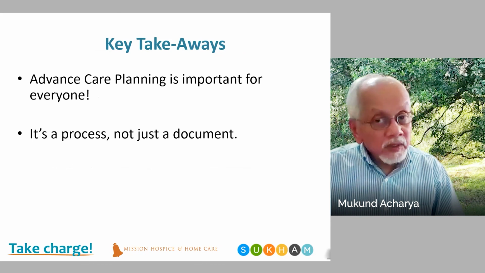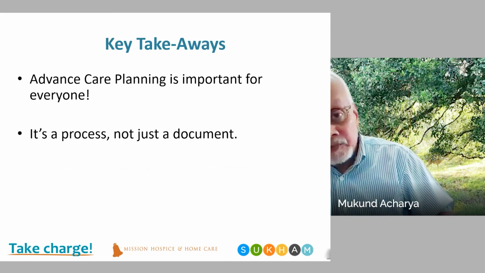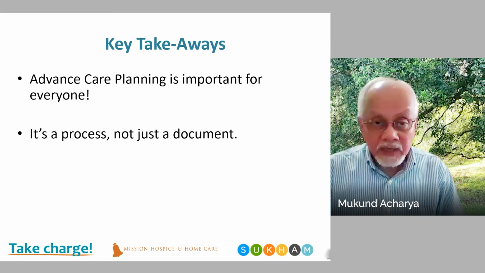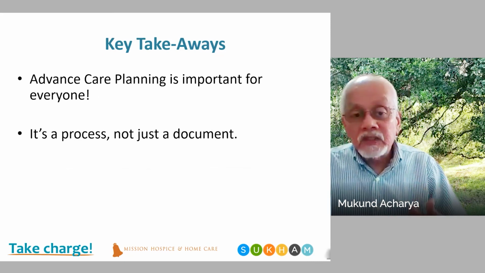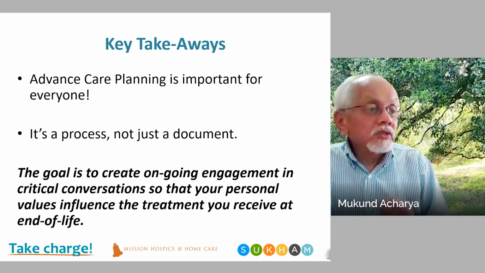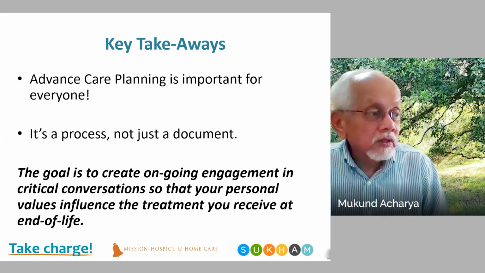It's not a document that you write when you do your trust and file away for 30 years. It's a process that I've talked about. It's a planning process, it's a thinking process, and a process that takes into account changes with time. And the goal is to create an ongoing engagement in critical conversations.